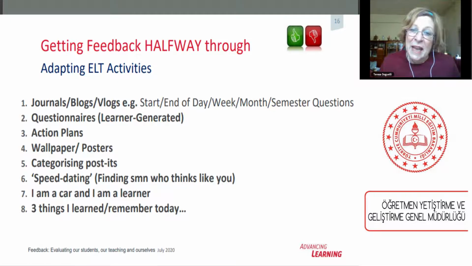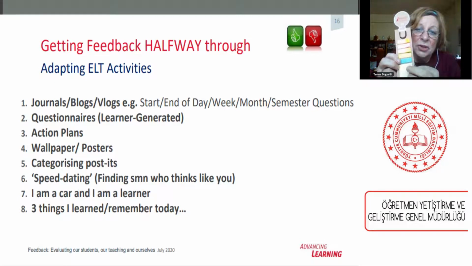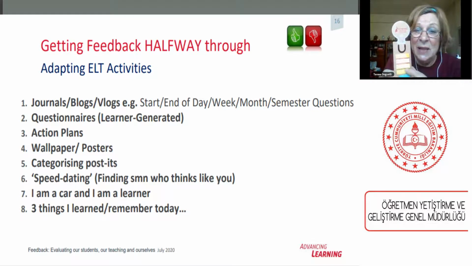Another interesting activity is categorizing post-its. So getting everybody to write down perhaps either something they've learned, something they want to learn, a problem they've had, an activity that they enjoyed, an activity they didn't enjoy. So you think about before what you want them to write down.